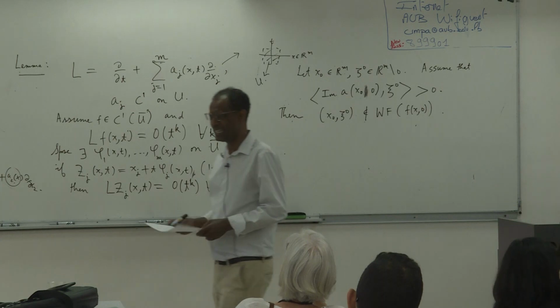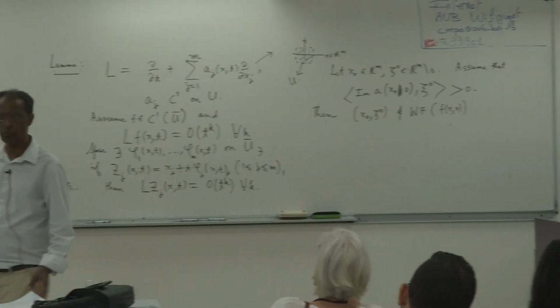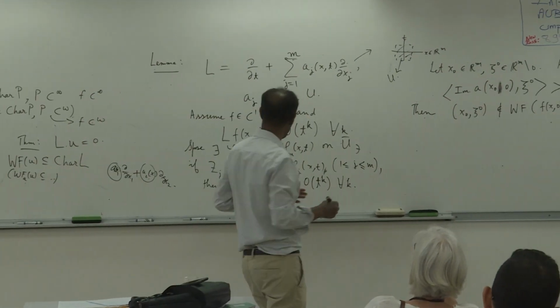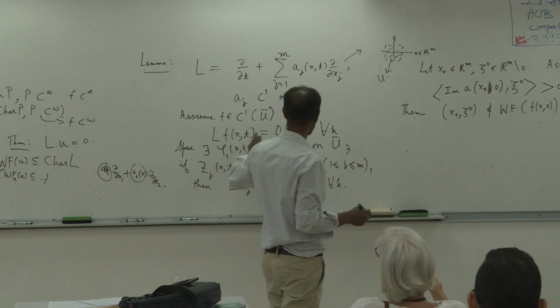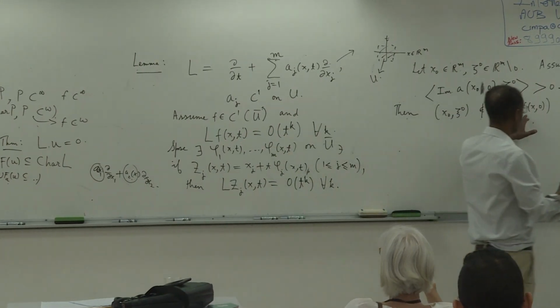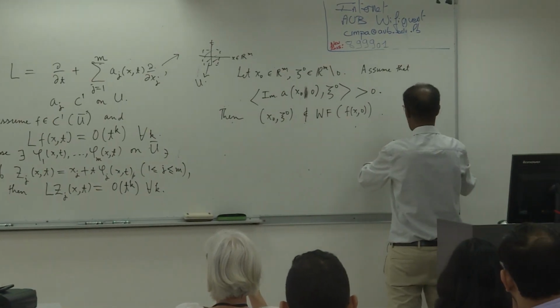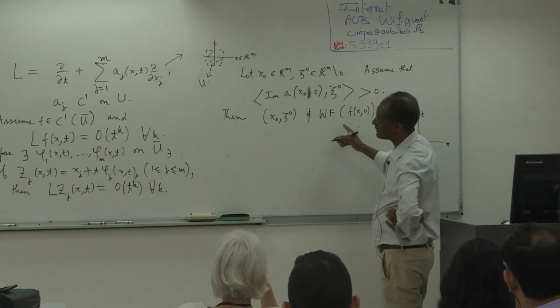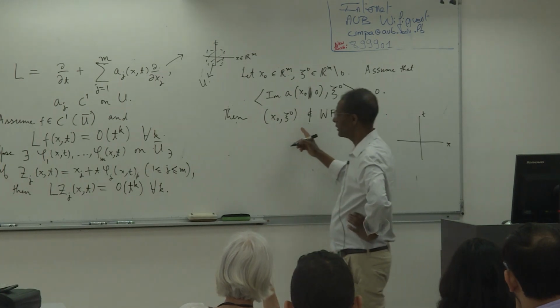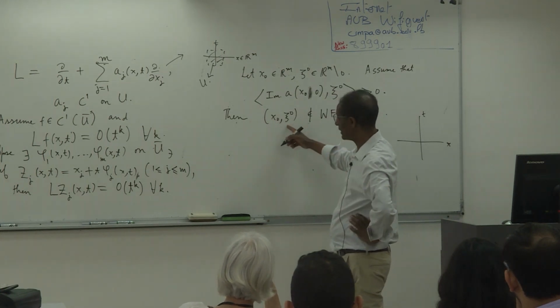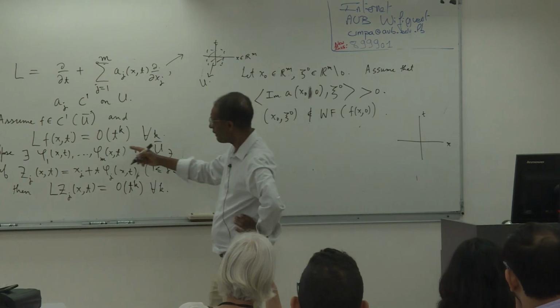So I'm not getting information on the wavefront set of f itself. f is a function of x and t, but I get information on the wavefront set of f on the x-axis. And that is basically, you see, so I do get a regularity result, but f is not a solution.